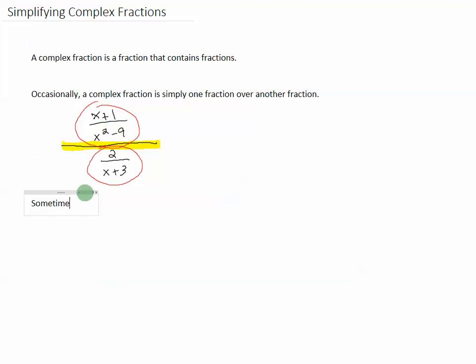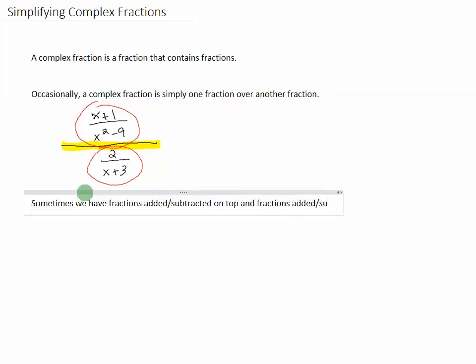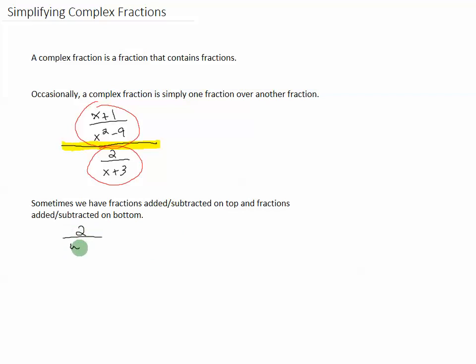But sometimes we have fractions added or subtracted on top and fractions added or subtracted on bottom. This complicates things. So what I mean by that is, for example, 2 over w plus 3, this fraction, minus 2, and that whole thing is a numerator.